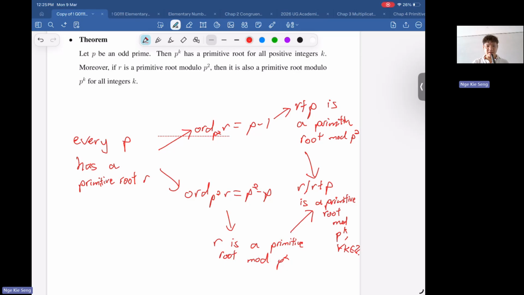Actually, this proof is quite interesting, but it is a bit long, so we won't do it. So, what should we do next? There are a lot of statements here. If you don't prove them, it sounds a bit like an instruction book: I just tell you what happened, and you go and apply it.